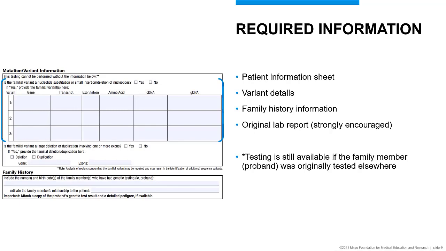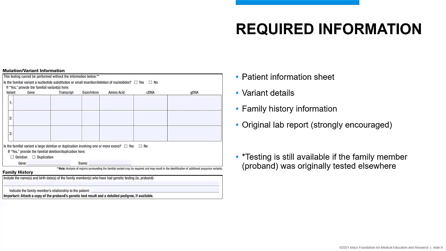This includes the gene, transcript, exon or intron number, the amino acid change, the coding DNA change, and the genomic DNA change. If the familial variant is an exonic deletion or duplication within one gene, the bottom half would need to be completed. This includes if it is a deletion or duplication, the gene, and the involved exons. The paperwork also includes a section for family history and information on individuals who carry the variant.